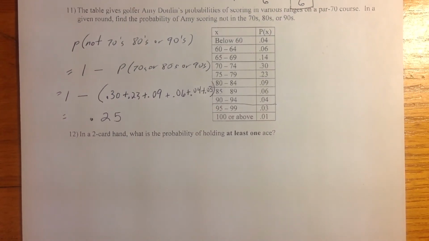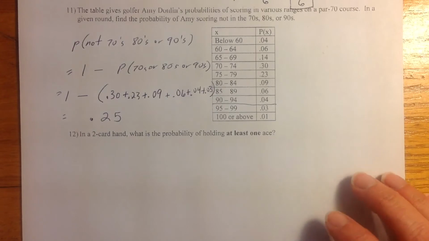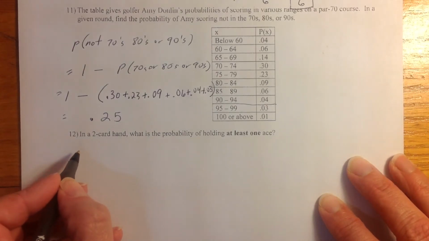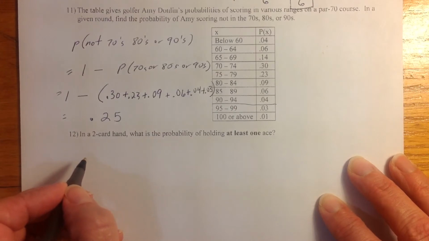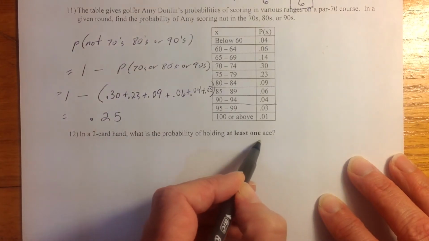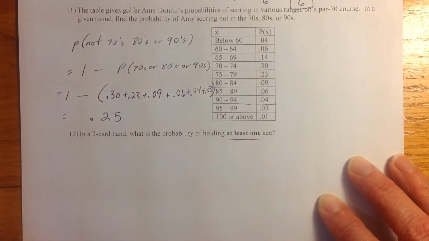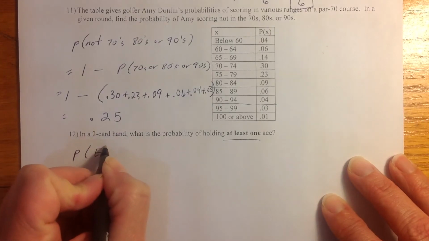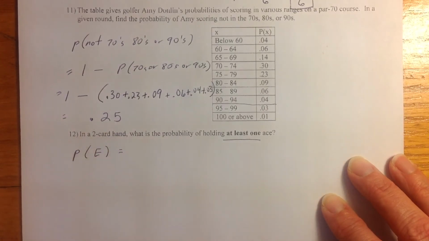How about a 2-card hand? What is the probability of holding at least one ace? All right. So now we're going to get back to it. When we did chapter 10 problems with at least, we used A union and A complement. So we're going to kind of do it that way. So P of E is what I'm looking for, right?